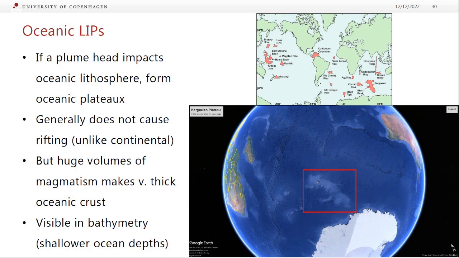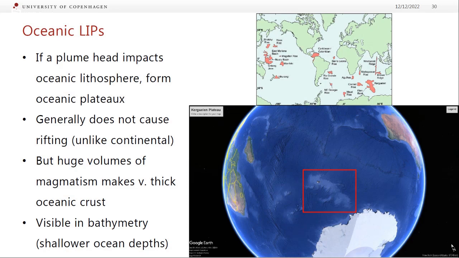So this is the Kerguelen Plateau here, which corresponds to this one on the map. And this is enormous, like absolutely enormous. I mean, there's Australia, we're probably getting towards a similar length to the north-south length of Australia. It's a huge plateau.